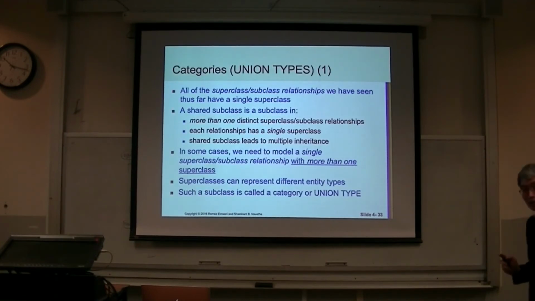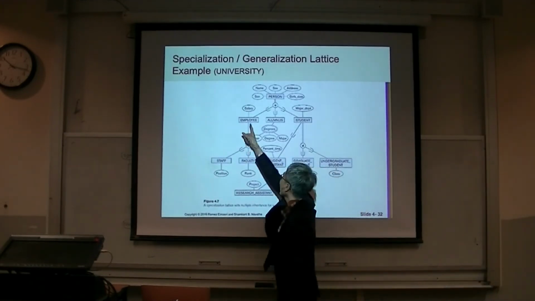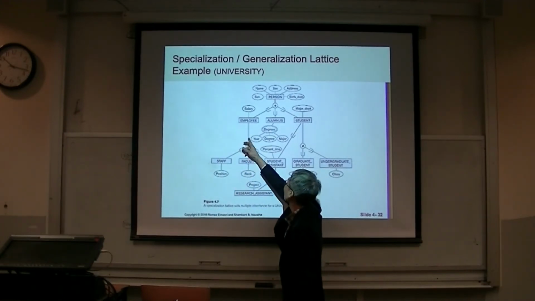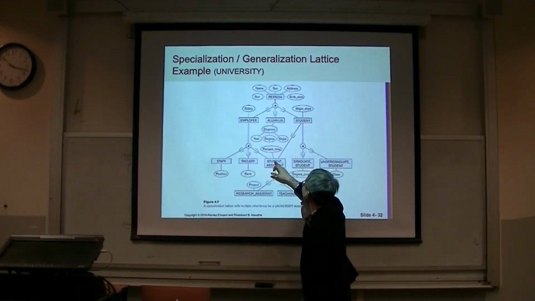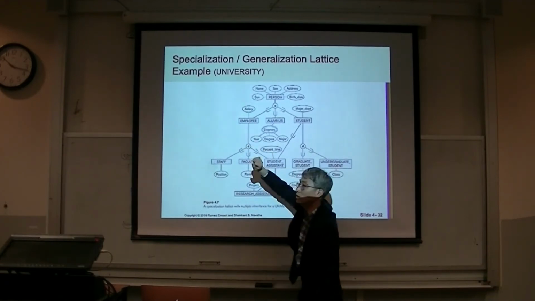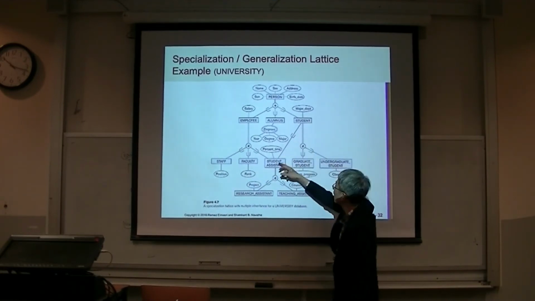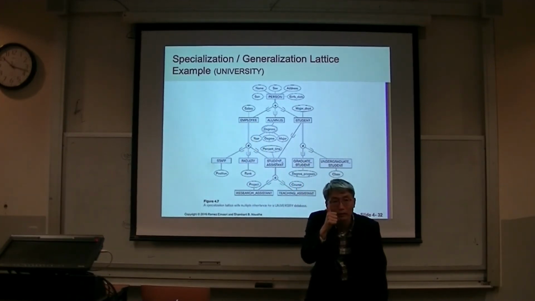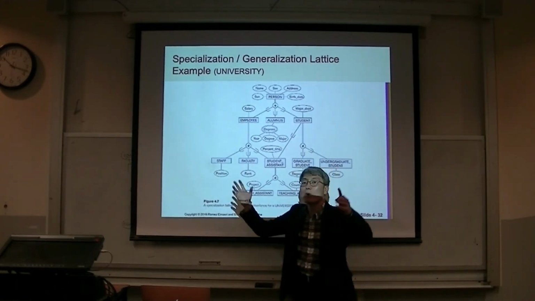Okay, last one. The union type. So far, when you take a look at the superclass of any relationship, how many entities for the superclass? One. How many superclass entities? One. Even with multiple inheritance, the superclass is only one entity. Sometimes there exist multiple.